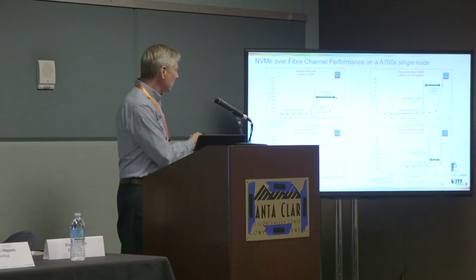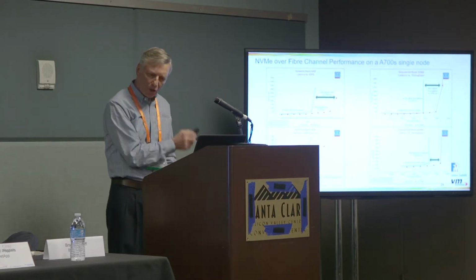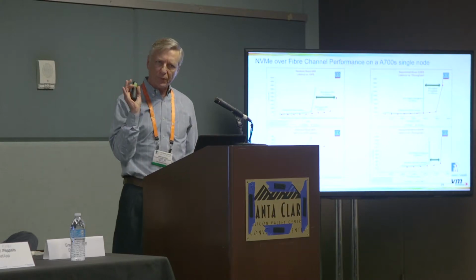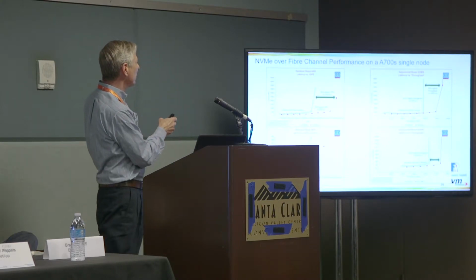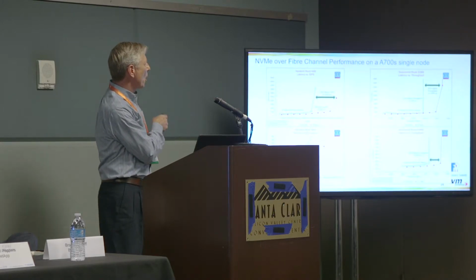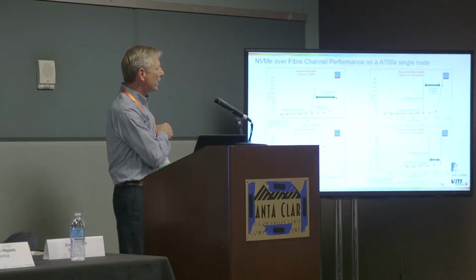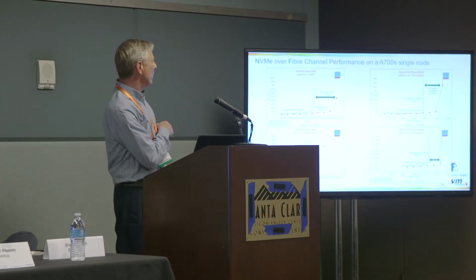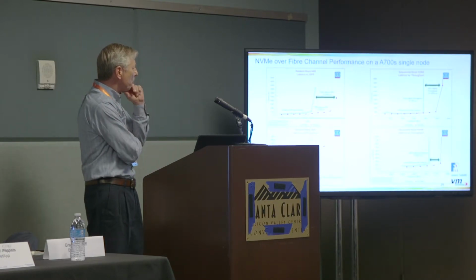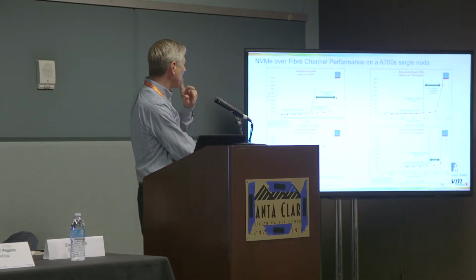These slides will be available for you to examine in more detail, but what we tried to do to have real world, fair, comparable data to present is you'll notice that in the top left, we're charting with random 4K reads. Over in the top right, it's sequential reads, 32K reads. Down in the bottom left, random reads of 4K. And then in the bottom right here, sequential reads of 64K.